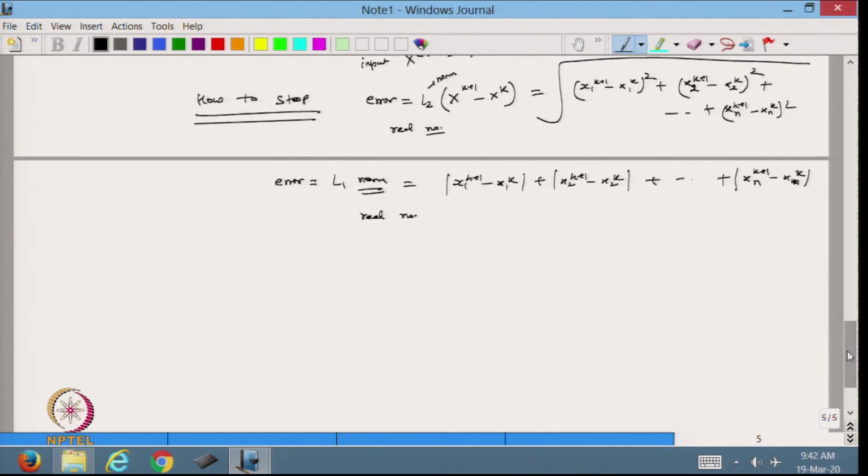From here, I will take this error and define the tolerance, or the accuracy.